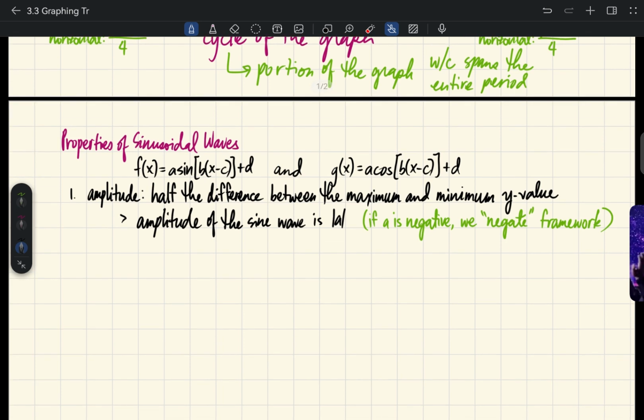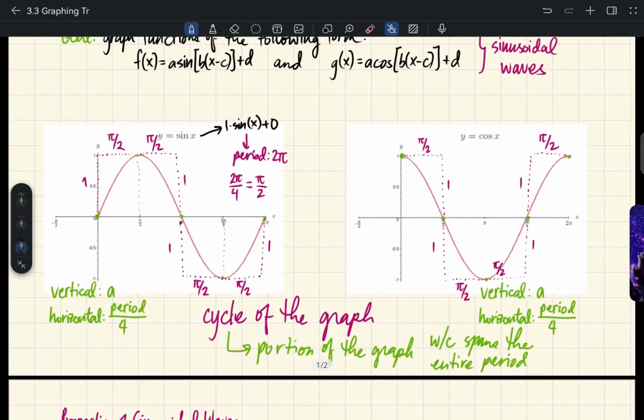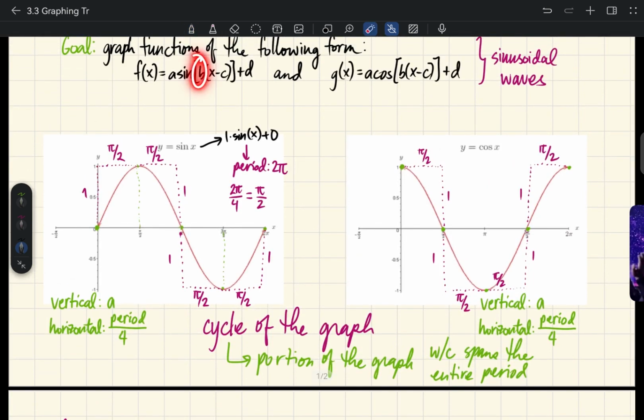Second property is what we call the period of your sine wave. And this is the length of a cycle. Take note that for the period of a sine wave, if you have a multiplier b here, it will make this graph shorter.